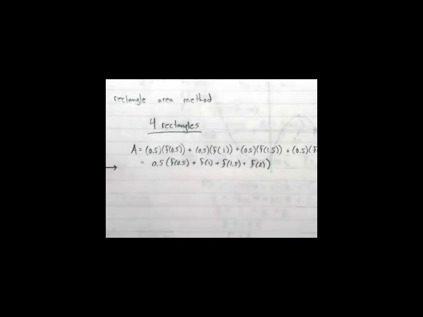And notice when you're doing an RAM, because you want the right corner of each one of those rectangles that you're adding together, you don't use f of 0. You start at f of 0.5. At least in this case, you start at 0.5, because that's the first width that you start with. Because that's the first right corner. So 0.5, 1, 1.5, and 2. So figure out what each one of these are, add them all up, multiply by 0.5.